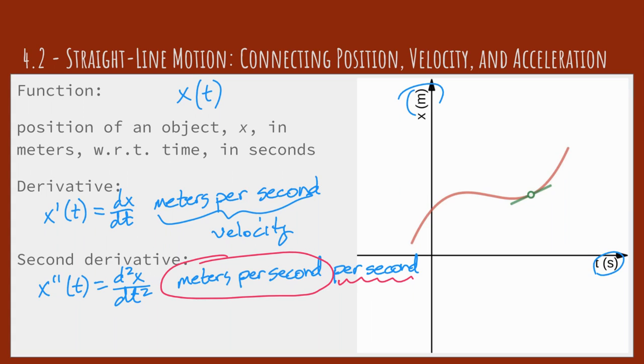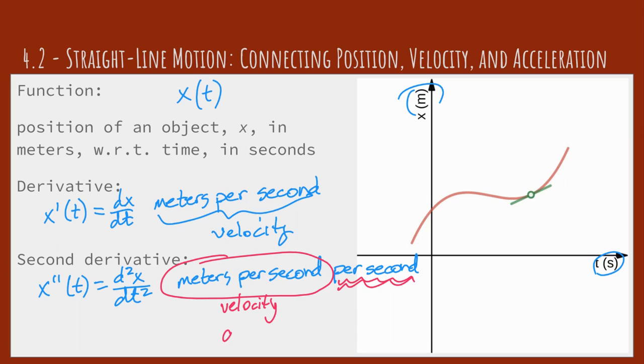So when we take the second derivative of position, we're taking the first derivative of velocity. And so the second derivative is telling us how fast that velocity is changing. So the meters per second, which is velocity, is changing each second, so per second. So if this is a positive value, the velocity of our object is getting bigger as we go along.